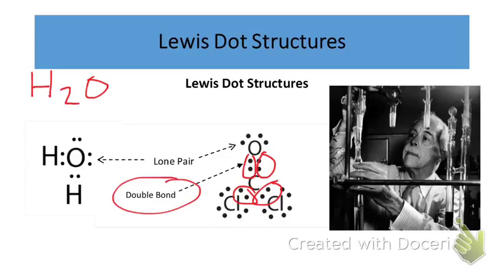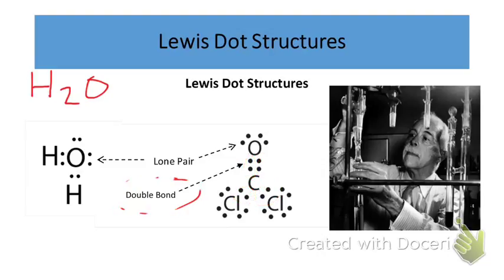Now we can also have a triple bond, and that would actually be 6 dots, or 3 covalent bonds connected between those 2 atoms. So we can have single, double, and triple covalent bonds between atoms in Lewis dot structures that are allowed.